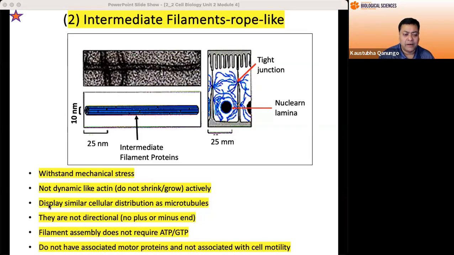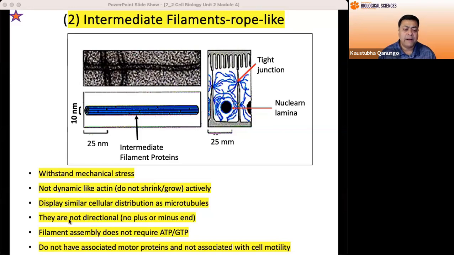They display a similar cellular distribution as microtubules, radiating from the nucleus outward. They are not directional. The filament assembly does not require ATP or GTP. They are a much more permanent structure in the cell. They do not have this dynamic nature of dissociating or associating, so much less dynamic than actin.